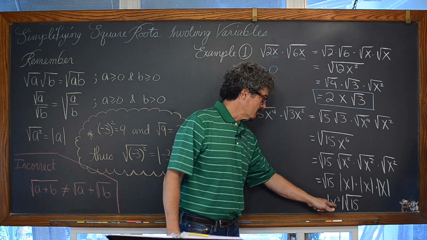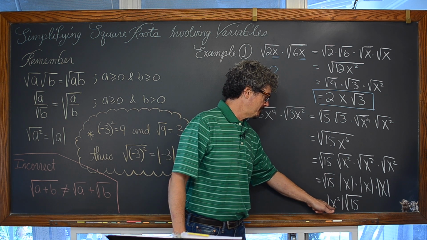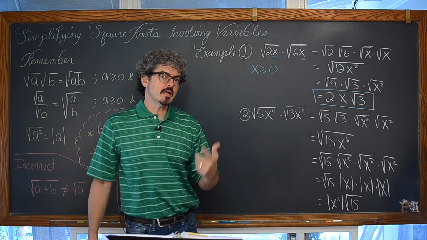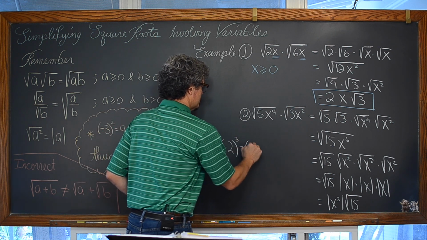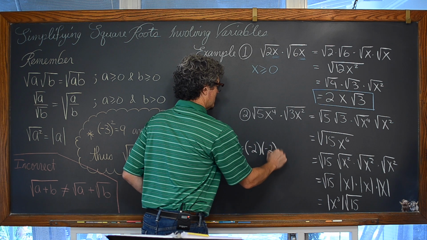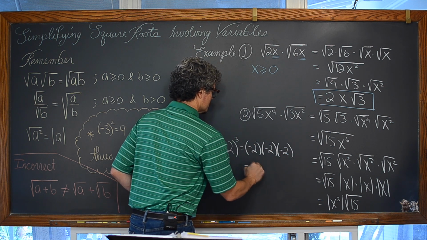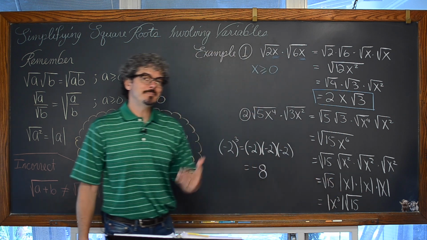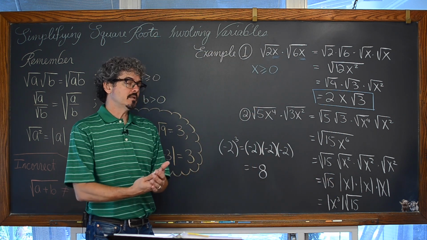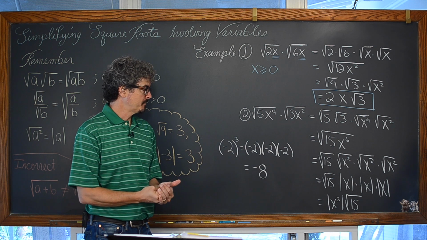Now with our x cubed, when you take a negative number and cube it, like -2 cubed, that's -2 times -2 times -2, which is equal to -8, this x cubed could result in a negative number.